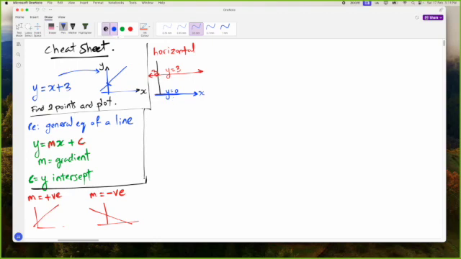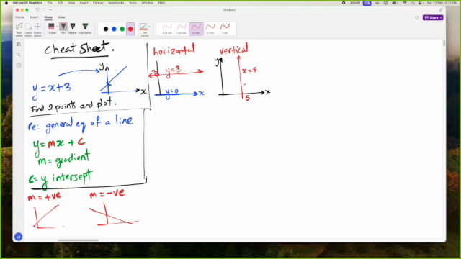You had to know that, and you had to know why. When it comes to vertical lines, you have your x-axis and your y-axis, and the vertical line will be going like this, at the point x is equal to 5, for example. So the equation of this vertical line is x is equal to 5.